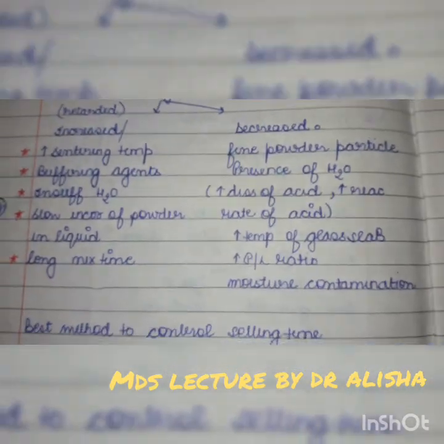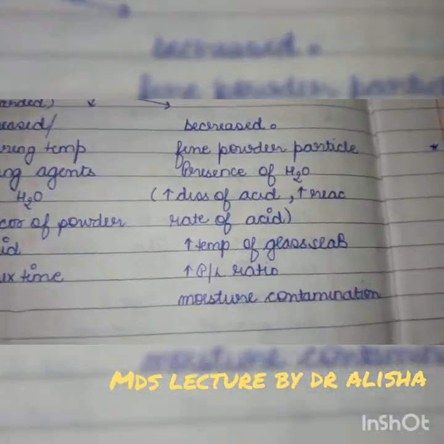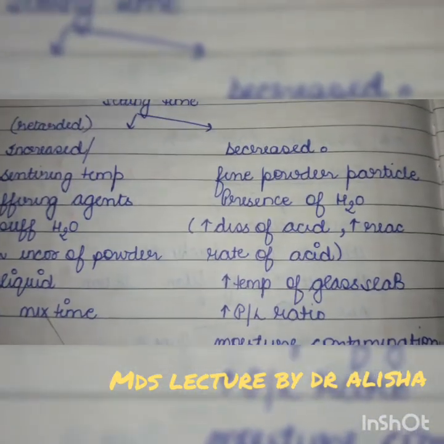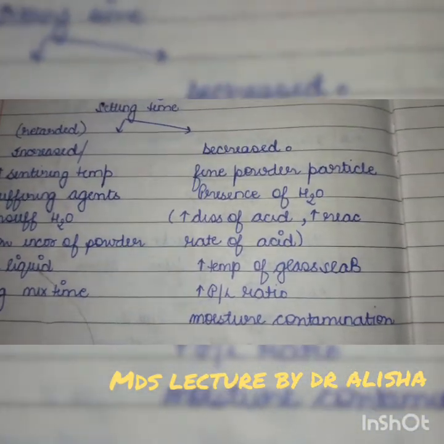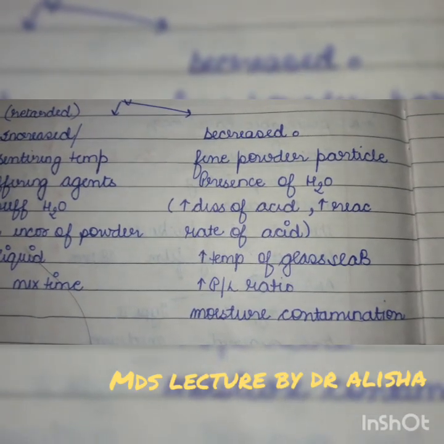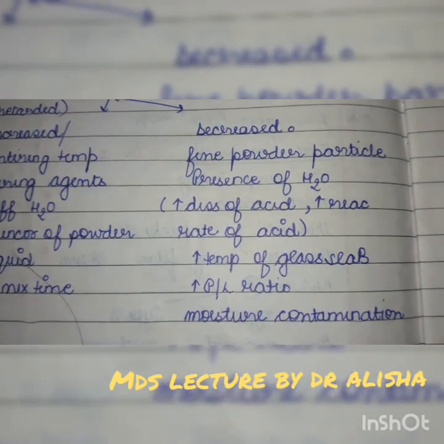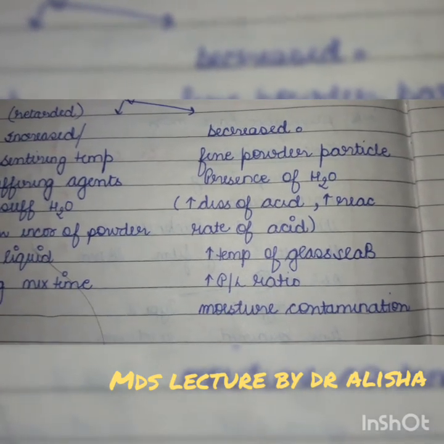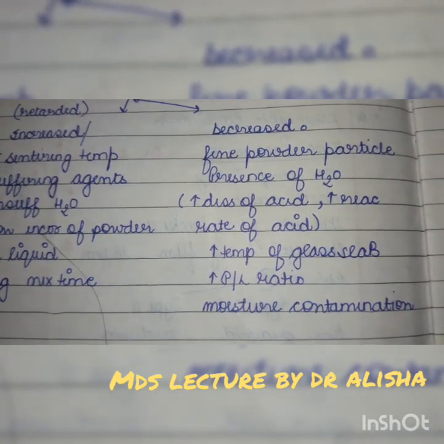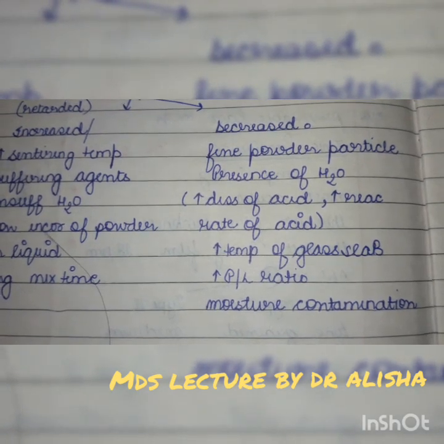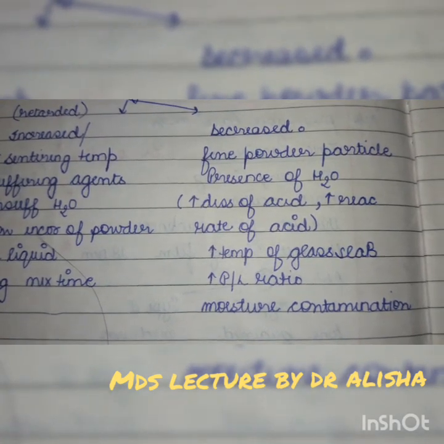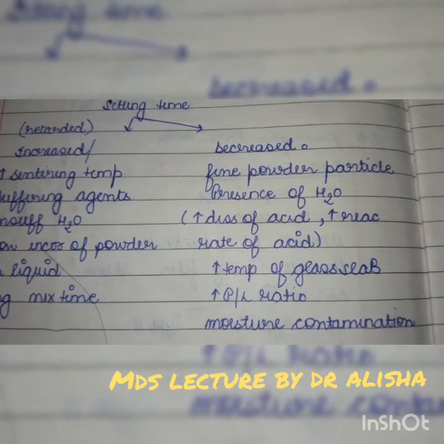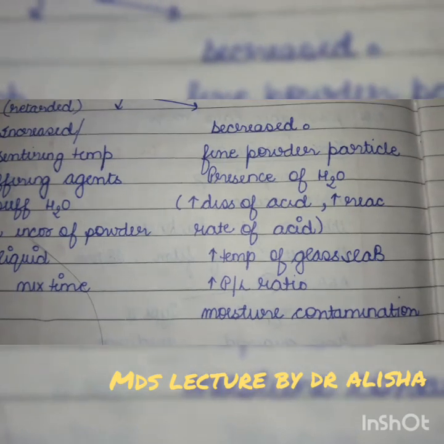Now coming to the next section, that is how we can decrease the setting time of the zinc phosphate. So the points are, if we use fine powder particles and if there is enough amount of water, it is going to cause increased dissociation of the acid plus increased reaction rate of the acid, and thus the setting time is decreased.